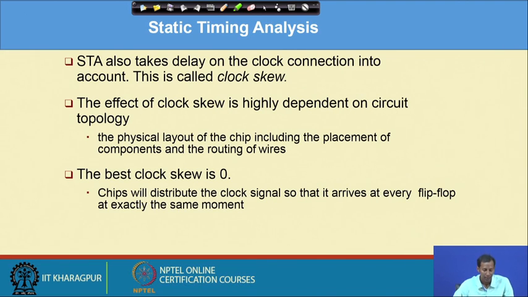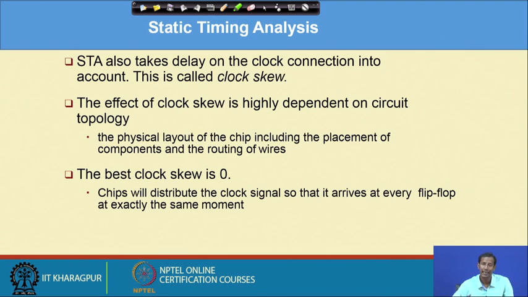But as I said, skew is sometimes better, sometimes it is the worst case condition for our circuit design.